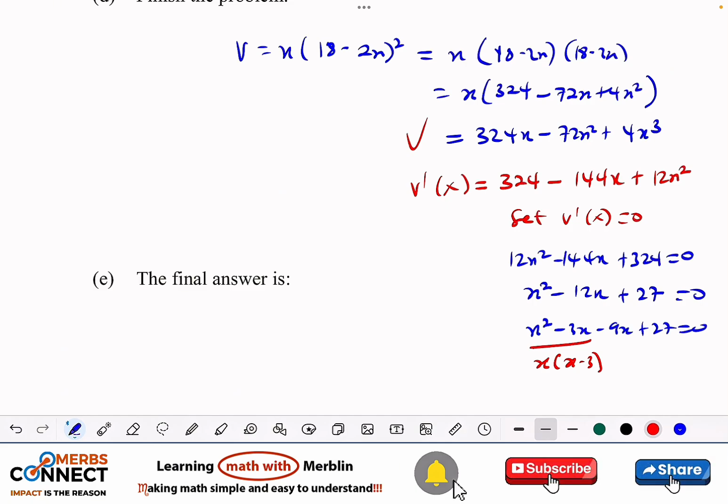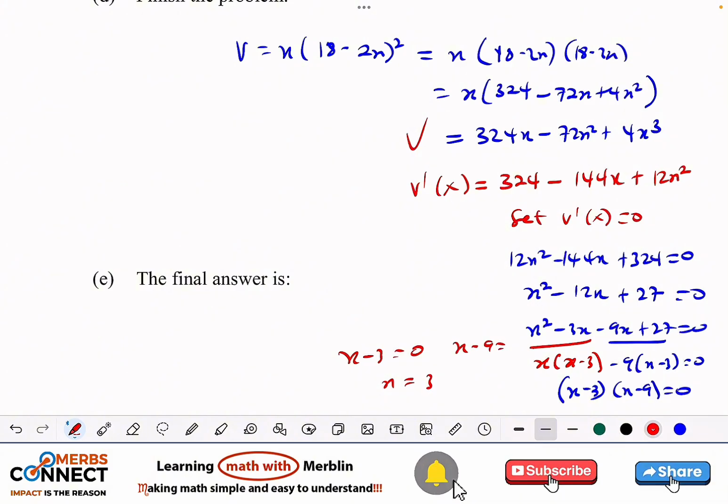With the blue, I factor minus 9 out and I have x minus 3 again. So I'm going to have x minus 3, x minus 9 equal to 0. So x minus 3 equal to 0 gives x equal to 3, and x minus 9 equal to 0 gives x equal to 9. So we are getting two of them, 3 and 9.